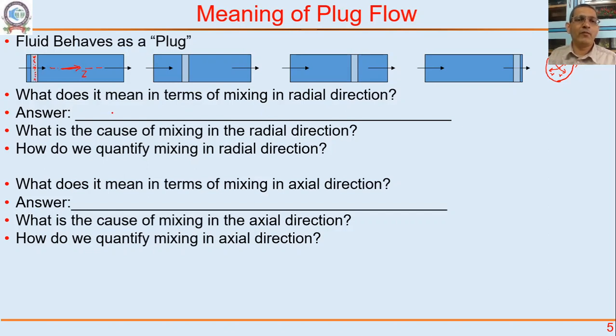Concentration is the same. What does it mean in terms of mixing? That if I put some material here, if concentration is to become the same in the radial direction, this mixing should be fast or slow?